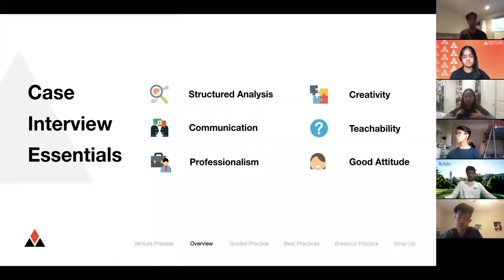Can we follow along with your thought process, and can you take us along your journey solving this business problem? Professionalism, creativity, teachability, good attitude are a number of the other things that come into play as well. And we will provide you with a list of best practices after we go through our guided practice that will help you hit all of these points. So stay tuned for that as well.